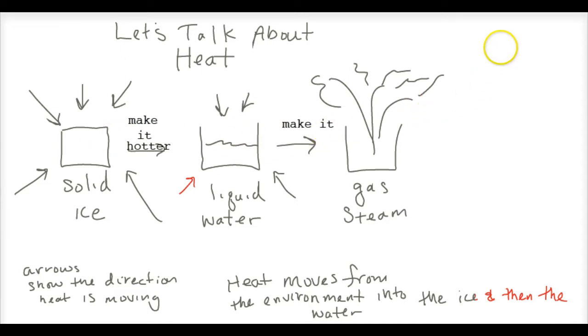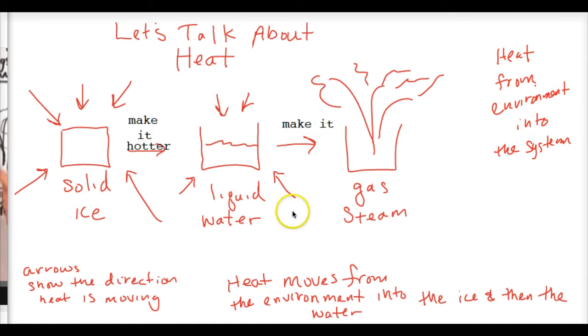If you were to use fancier words, the heat moves from the environment into the system. Again, the heat is moving from the surroundings into the ice, from the surroundings into the water, all of these things to create phase changes.